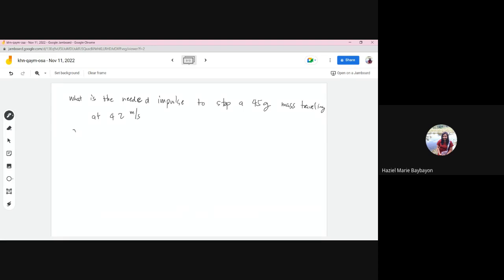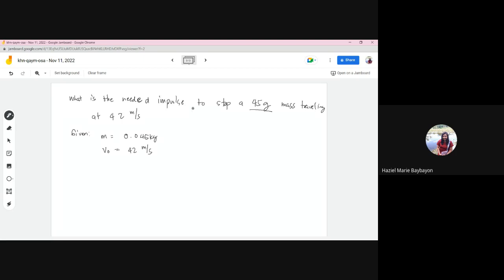Okay, so these are the given. The mass, which is equal to 0.045 kilogram. So this is your mass converted to kilogram. And then you're also given with the initial velocity, V naught, which is 42 meters per second.